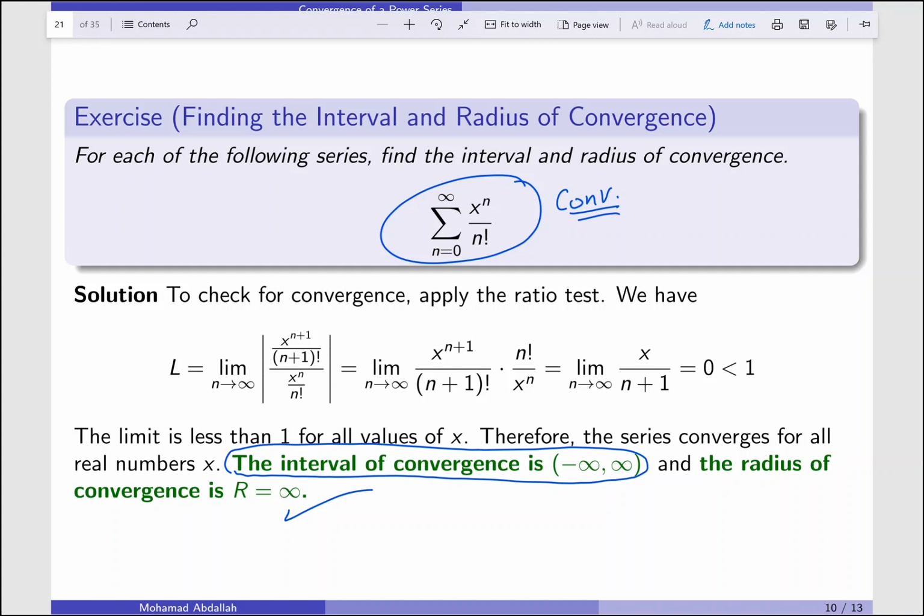Now, if the series is convergent, then the term must go to 0. Because if not, then by the divergence test, the series is going to be divergent, and that's not possible.